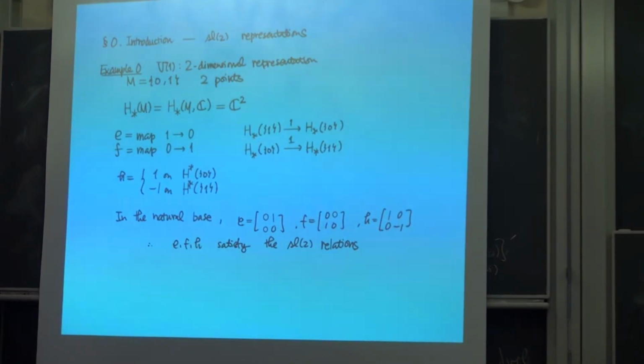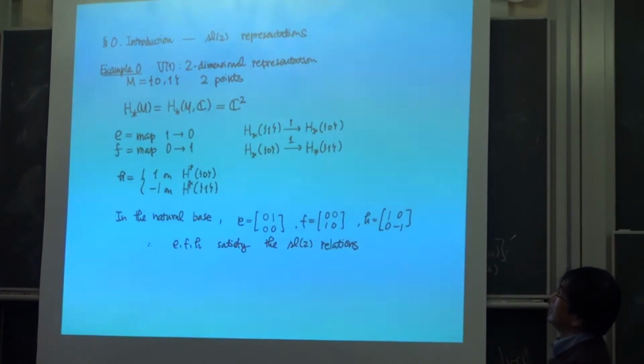So what is the topological space whose cohomology group is two-dimensional? Of course, you can say it's S2. But I prefer a simpler one. That's just 2 points. You may see this is a really trivial example, but anyway, I start with it.